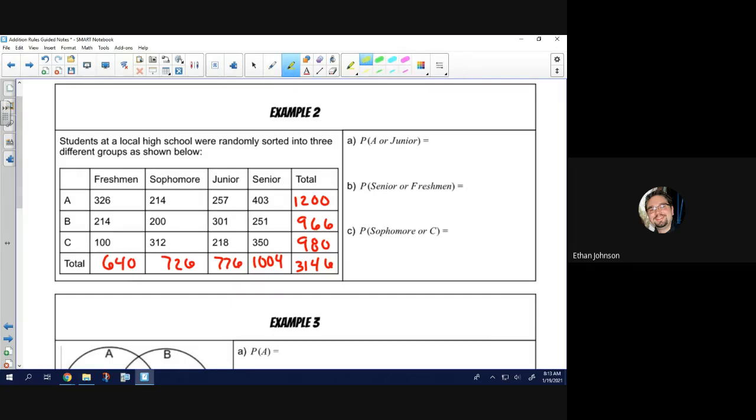So our first question is probability of group A or a junior. Sometimes I like to highlight the rows I'm talking about. Group A or a junior.